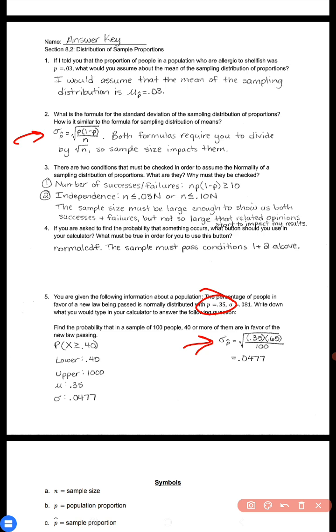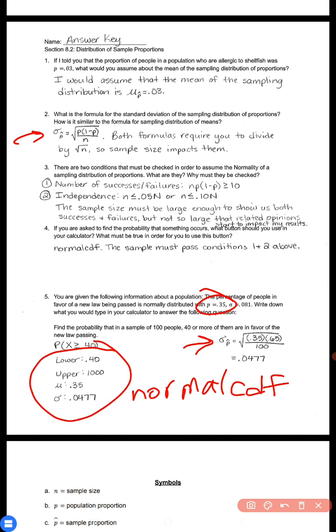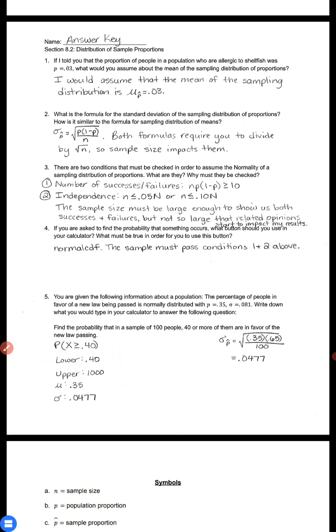They are not wanting to see this law passed, over our sample size, which in this case was 100, and that gives us 0.0477. So when you typed this whole thing in your calculator, you would hit normal CDF. All right? And then these are the 4 things that you would type in after that. Okay?